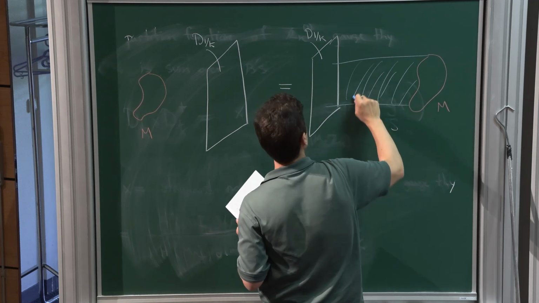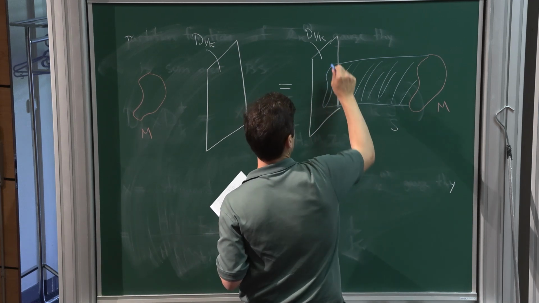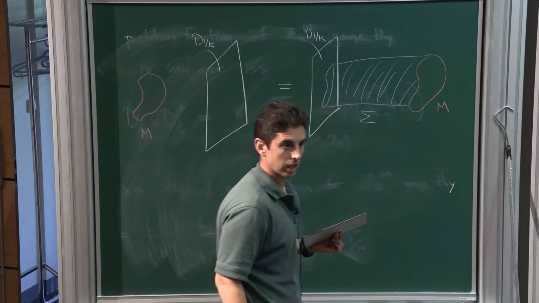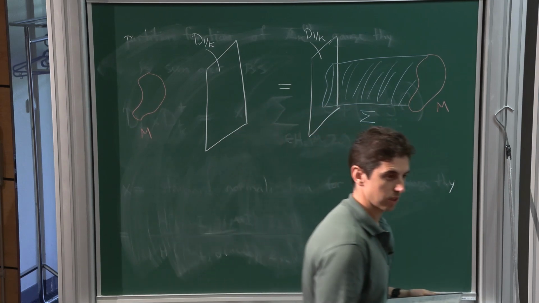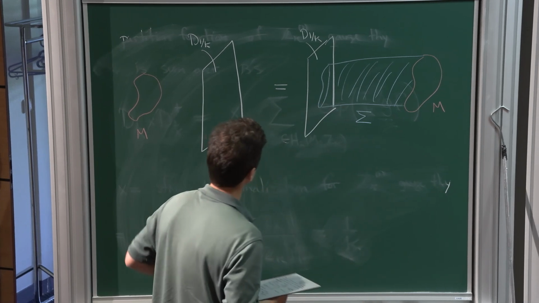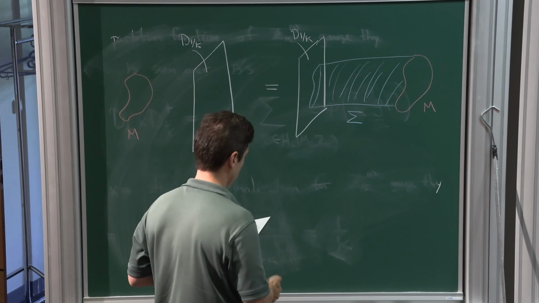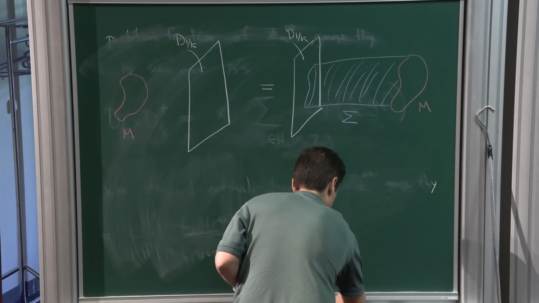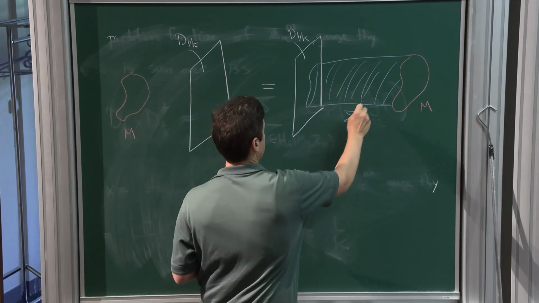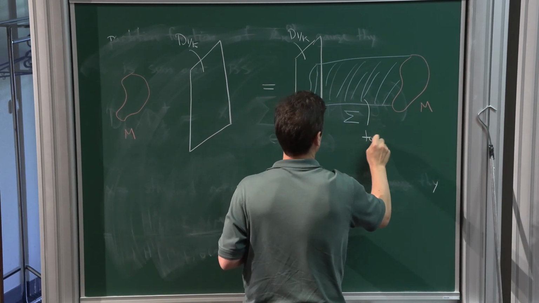So there's the sigma. It can end here. It could also close up. There are choices, but this is maybe the cleanest one to think about. So this sigma here, this is the topological surface operator.